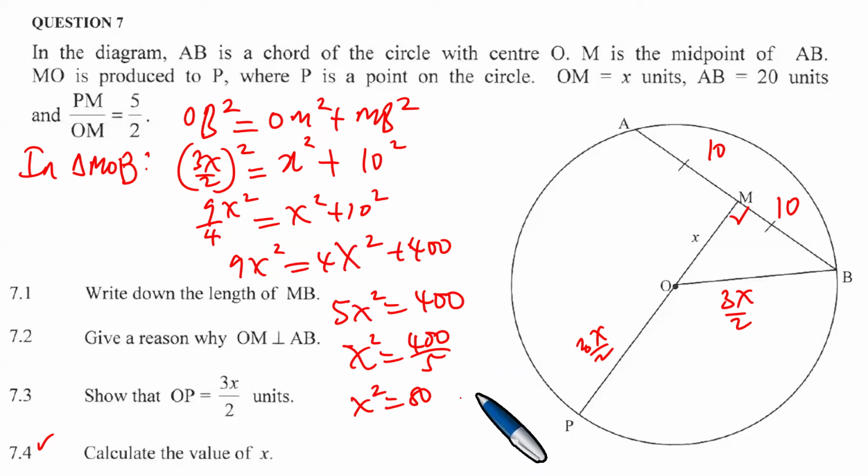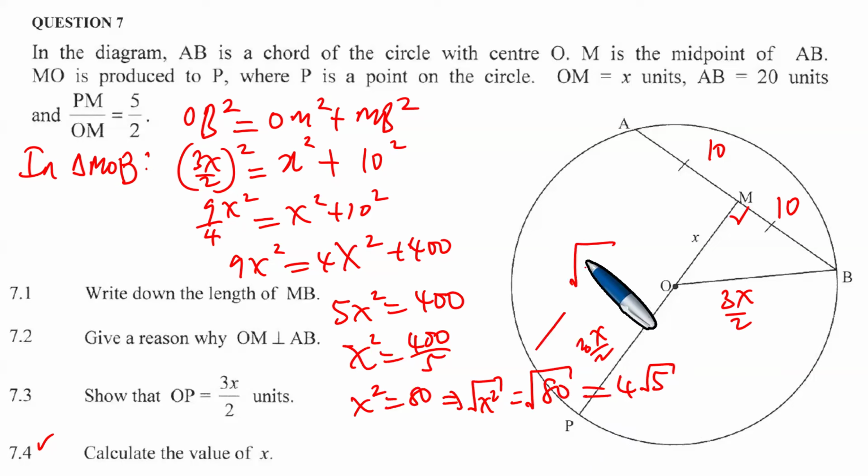If x squared equals 80, what do we do? You take the square root of x squared equals the square root of 80. The square root of 80 can be simplified to 4 square root of 5, because 80 is 16 times 5, the square root of 16 by 5. The square root of 16 is exactly 4, times the square root of 5.